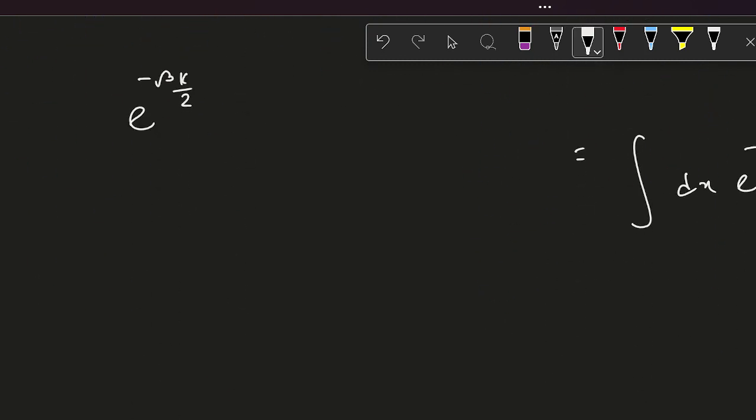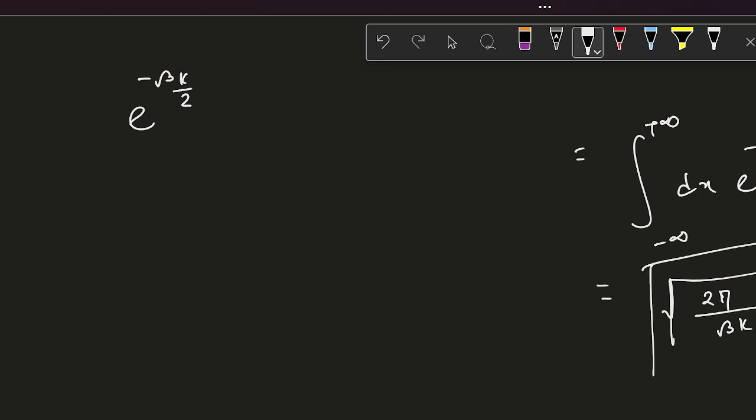So you can directly put the answer that this can be reduced to a Gaussian type of form, and this will give you 2 pi by beta. I am not solving it again because I solved the same type of solution earlier in solving z1. So you can just look it up from there. The structure is the same, so you can relate. So this is coming from your dx integral.